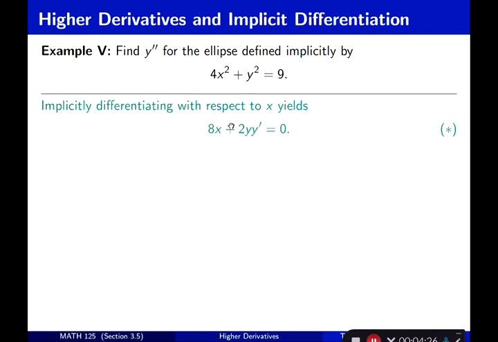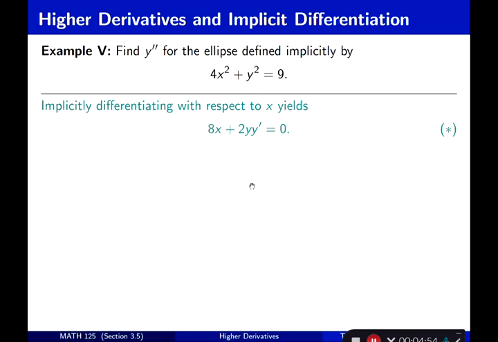So we take the derivative of both sides with respect to x. The right side is going to be 0. The left side, the 4x squared is just 8x, plus 2y squared is 2y times the derivative of the inside. What is inside? Y. Y is a function of x, so it becomes y prime.